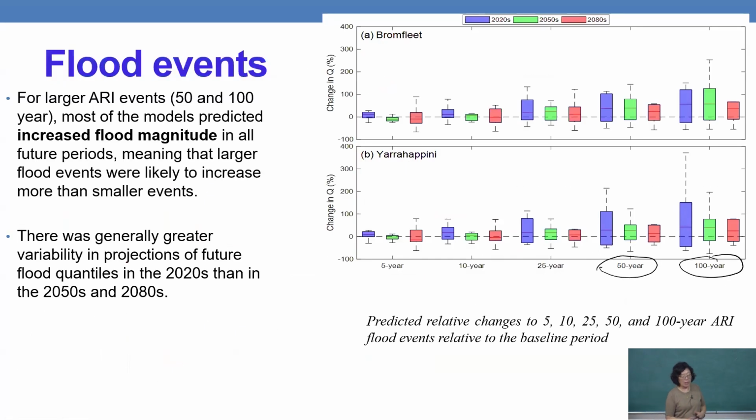Then we look at the flood. Again, this is a color for 3 different periods. And this one is for the 5-year event. So for the 5-year event, the change is not that significant. But when we come to the more extreme event, that's a 50-year event, you can see in 2020, that 30-year period, the distribution is like this.